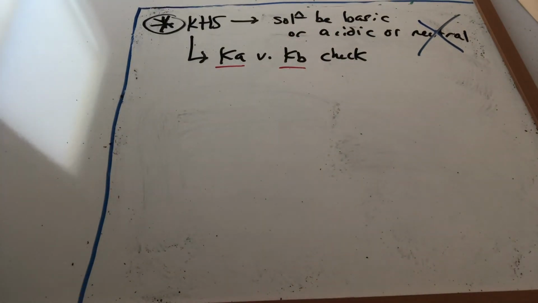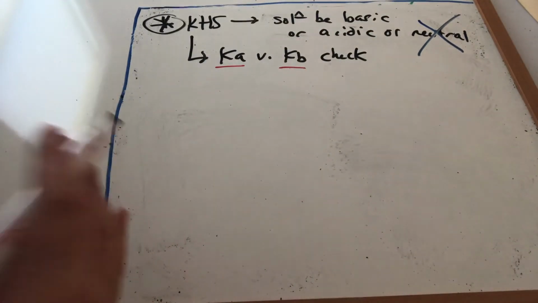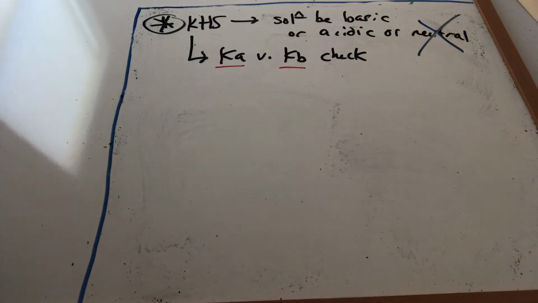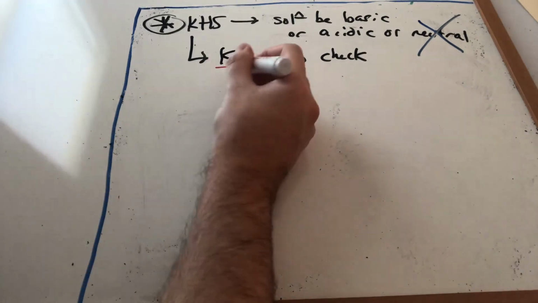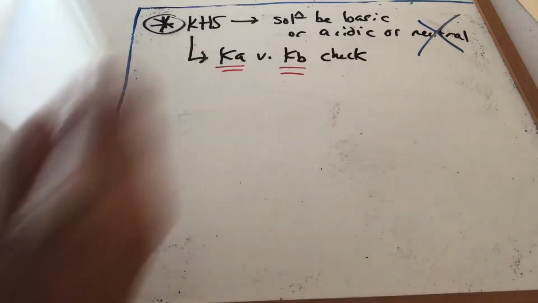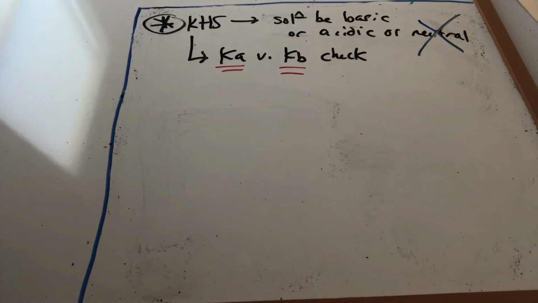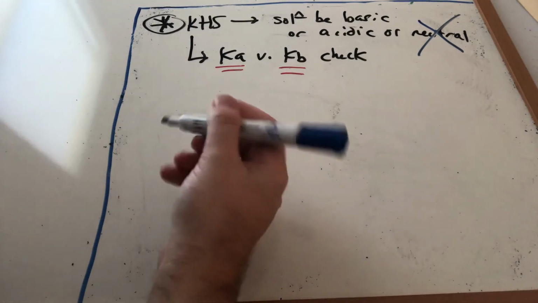What I recommend doing is write down the chemical reactions one more time, because we know that for H2S, there are different Kas, right? And so there's going to be different Kbs, and you have to pull the correct information into the correct spot to make sure that you're doing this correctly. So here's what I mean.